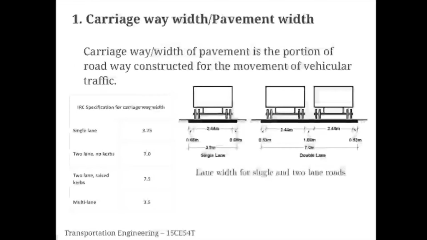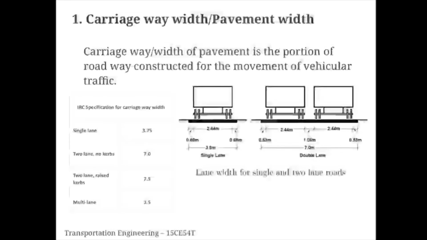The first foremost element is carriageway width. Carriageway is the part of the highway where most of the vehicles move. Carriageway or width of the pavement is the portion of roadway constructed for the movement of vehicular traffic.